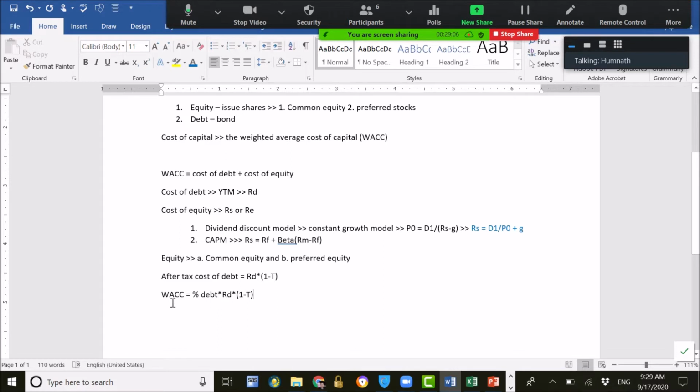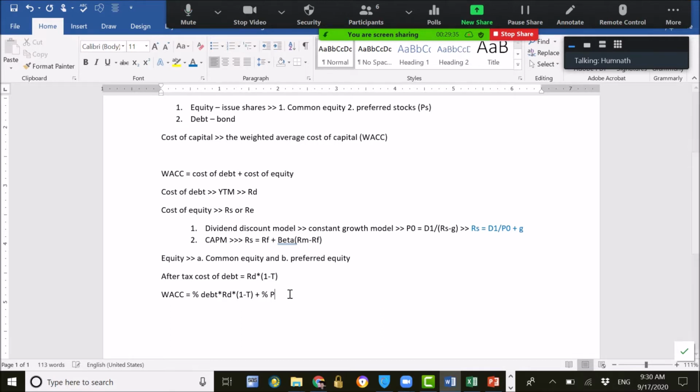So this is the first component. Now we're going to add the cost of equity. In equity we have two parts. We have the cost of preferred stock. I'm going to call preferred stock PS. PS refers to preferred stock.